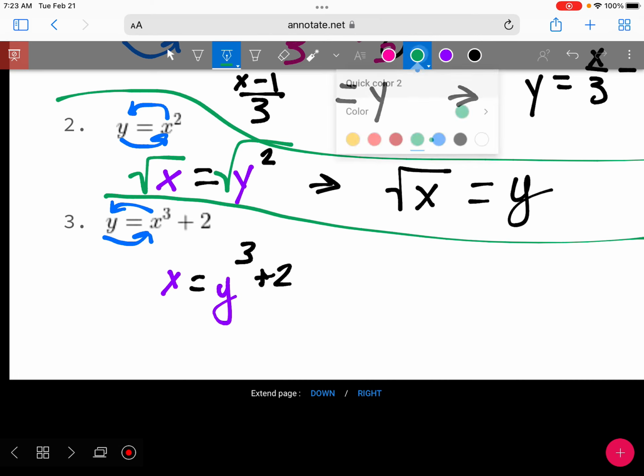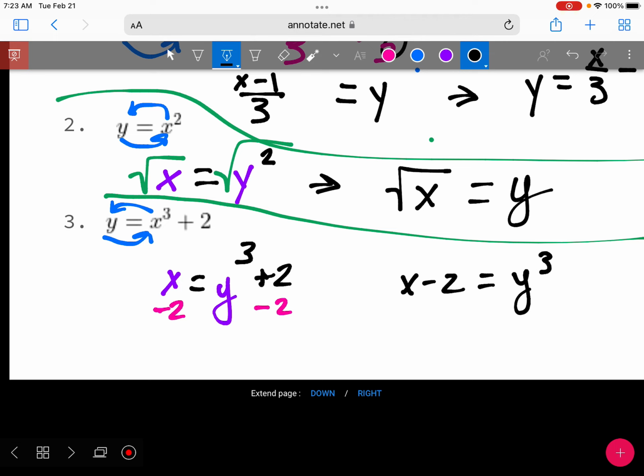What's our first step? Subtract the 2. When in doubt, start with your adding and subtracting. So we get x minus 2 equals y cubed.